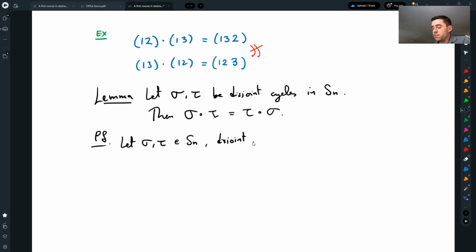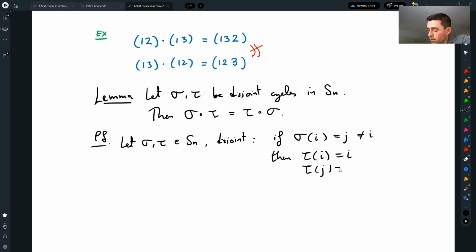What that means is that if sigma of i is j, which is not i, then tau must leave i alone, and tau of j must be j. So if sigma does something to i, then tau must do nothing to i, essentially.